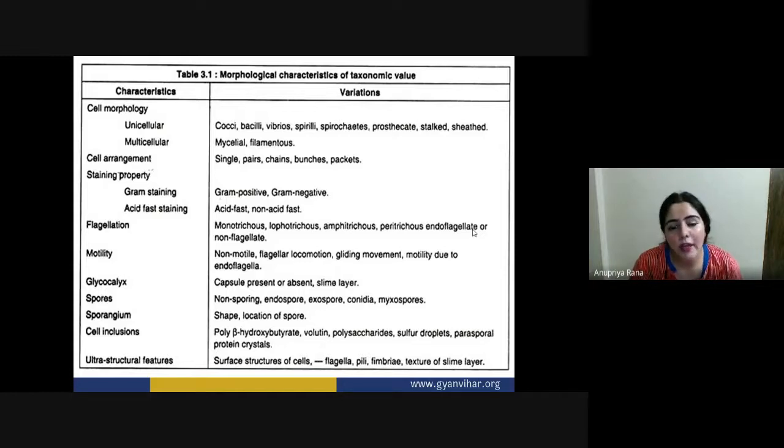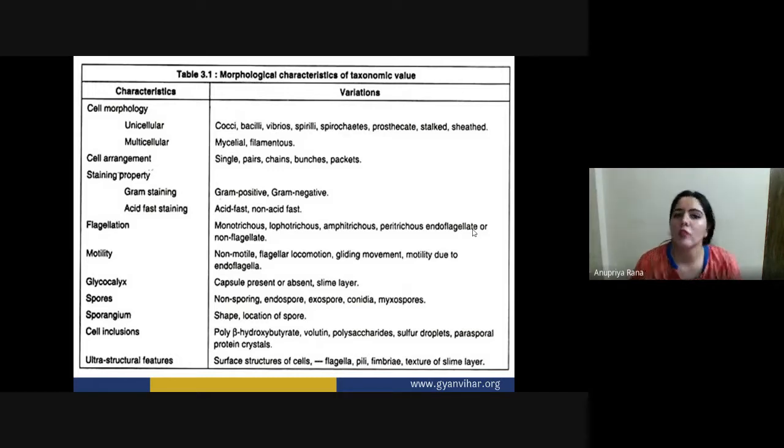Monotrichous means one, amphi means a combination, peri means around, endo inside, non-flagellate, no flagella at all. We don't have to study all the bacteriological characteristics here, but what we have to see is how taxonomy can depend on that. That's why this whole flagella thing.